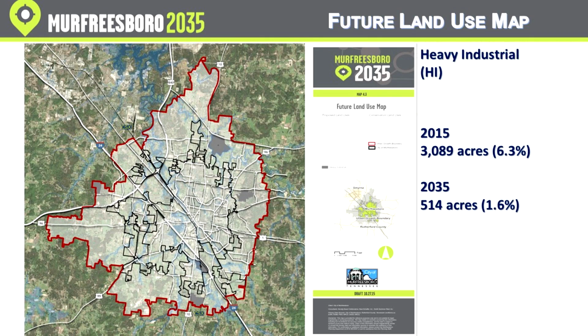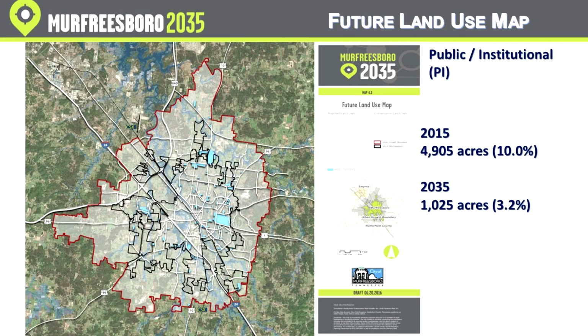We did include the solid waste landfill, and we have added a little over 500 acres of heavy industrial. There are some staff that would like to see a little bit more heavy industrial, which I can completely appreciate, but it's making sure that it's in compatible areas, maybe further along the railroad track, those kind of areas.